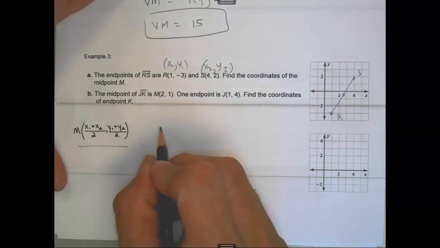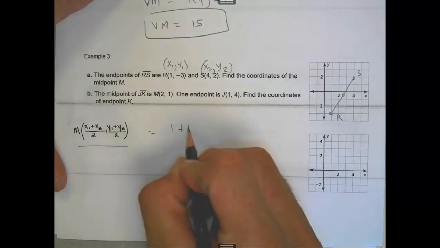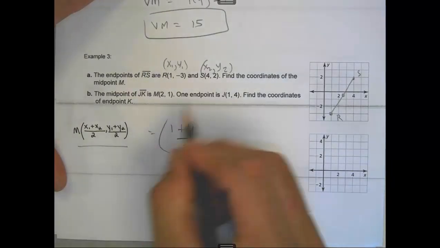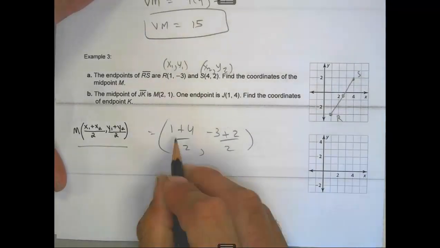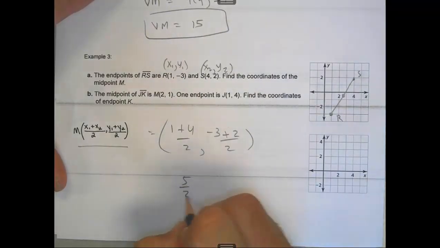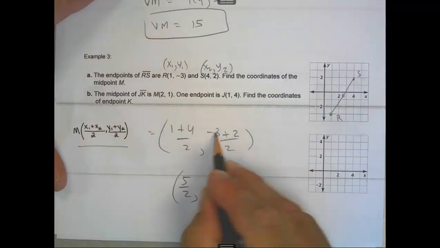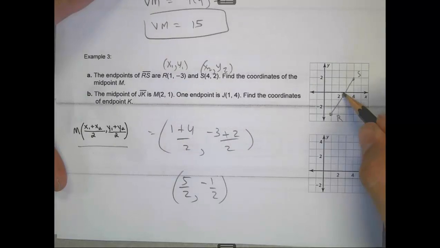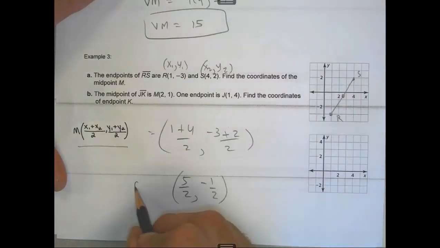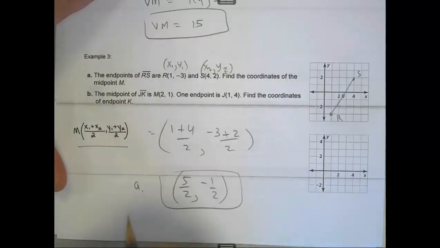So I end up with 1 plus 4 over 2, comma, and then I'll add the y's, negative 3 plus 2 over 2. All right, so this is 5 over 2, or 5 halves, 2.5, and this is negative 1 half. So if you go over 2.5 and down 1 half, you will have the coordinates of the midpoint. So that is the answer for part A.